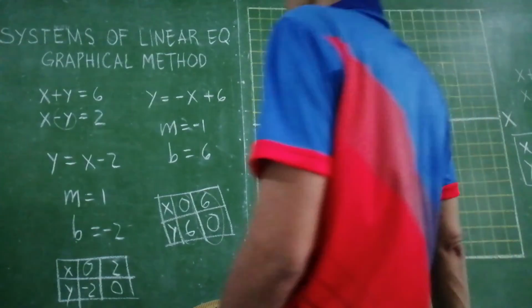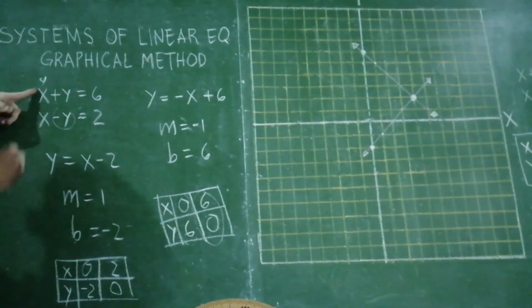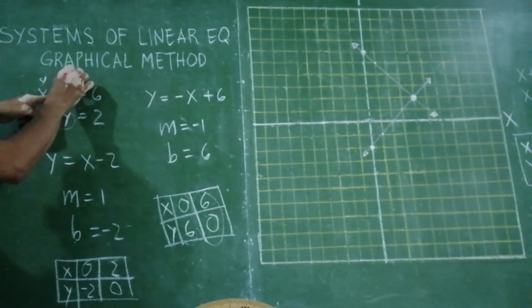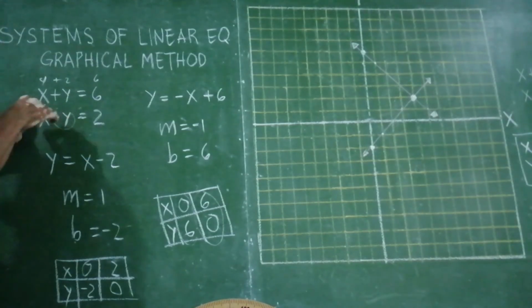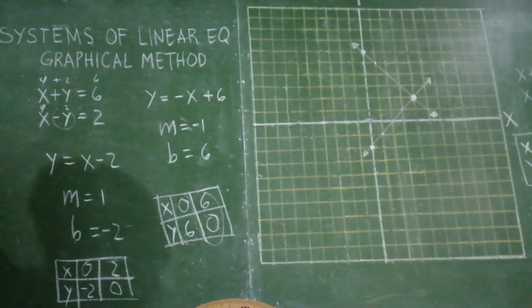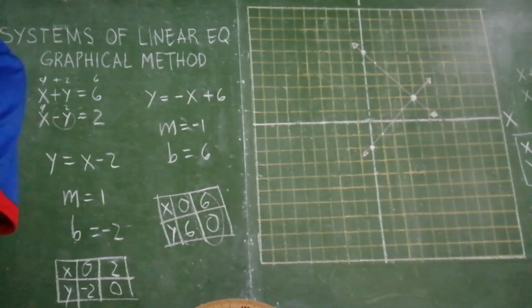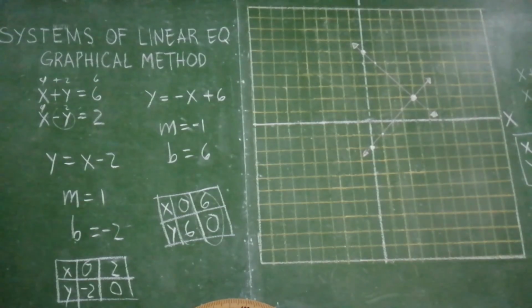So you may just check here. When x is 4 and y is 2, it will be 6. When x is 4 and y is 2, 4 minus 2 equals 2. So that is the way how to use the graphical method.